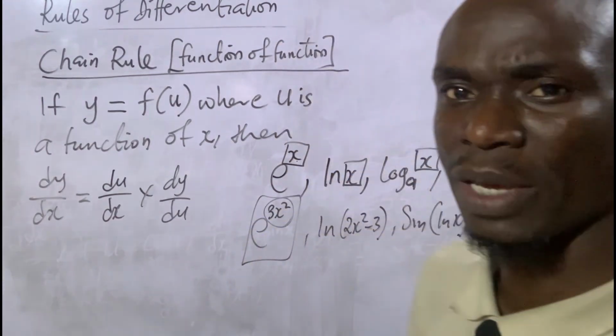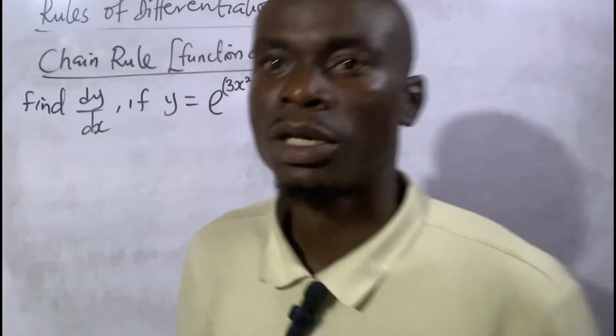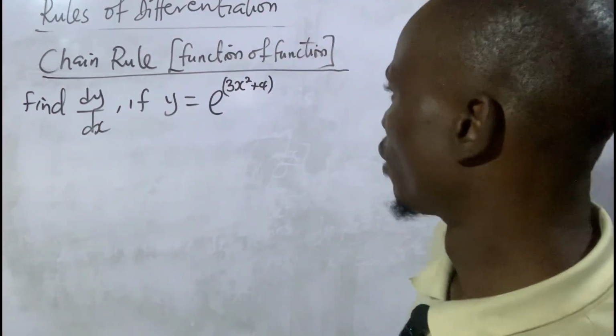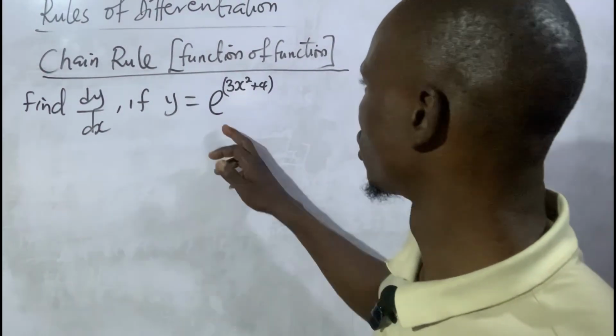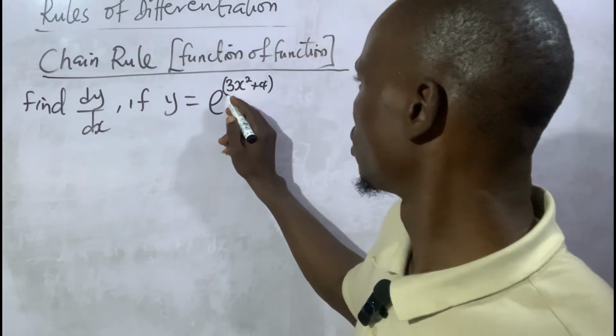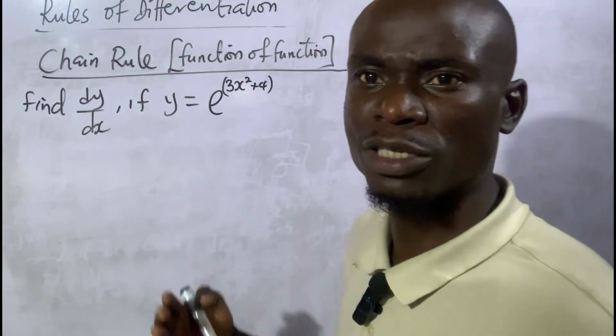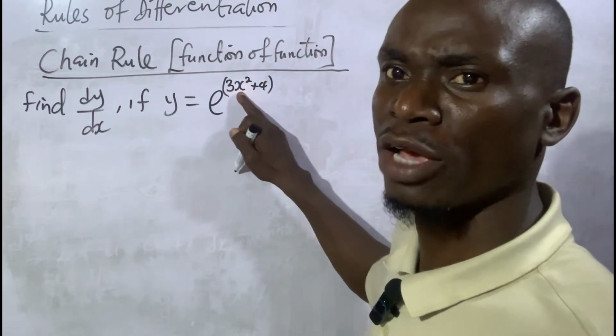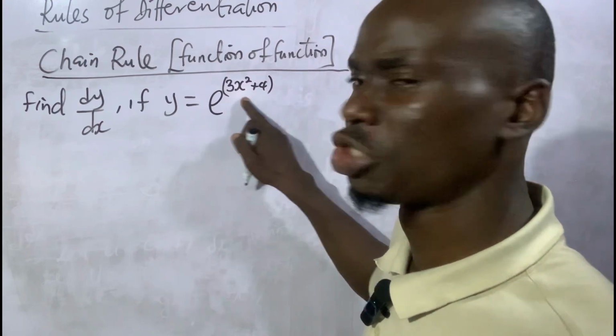So let's look at some examples. Let's use this as our first example for the chain rule. We are given that y is equal to exponential 3x squared plus 4. As we've said, since our basic form for the exponential function is exponential x, and the x has been replaced by a complex function, this is a chain.